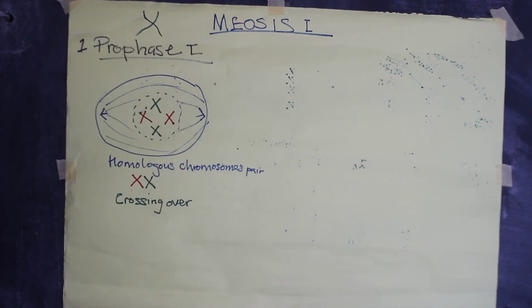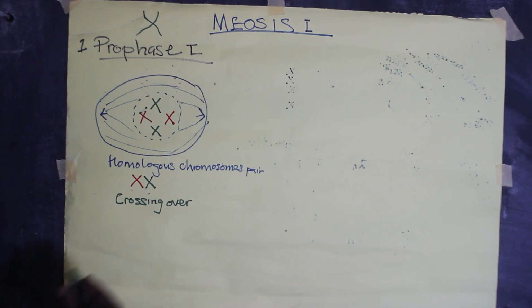Now the chromatids of the homologous chromosomes will cross over. This process happens between chromatids of homologous chromosomes, and the chromosomes get entangled and exchange pieces.